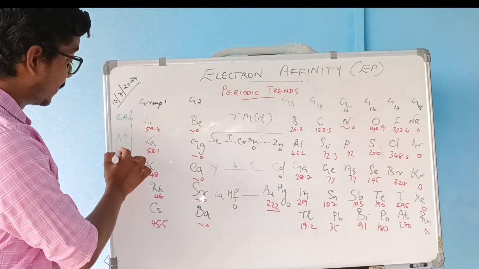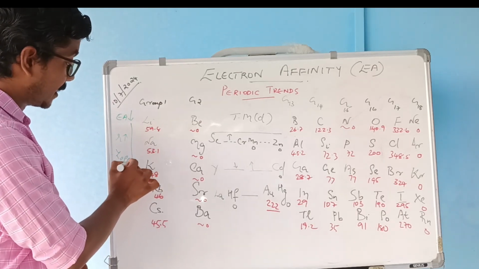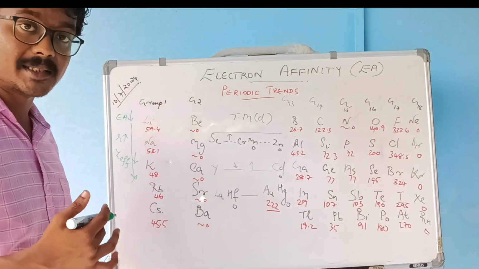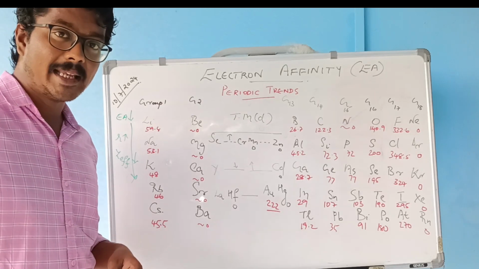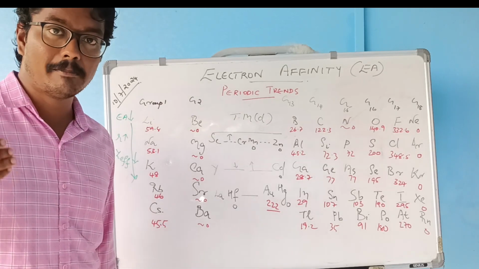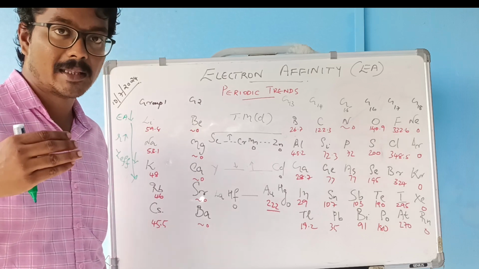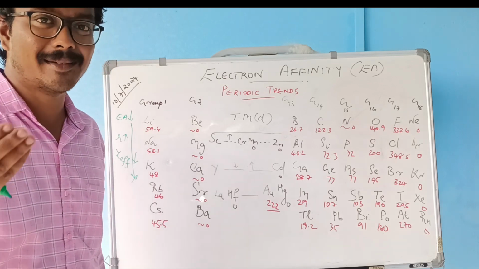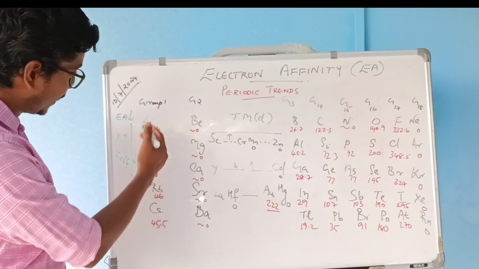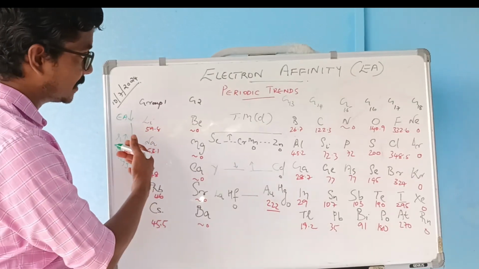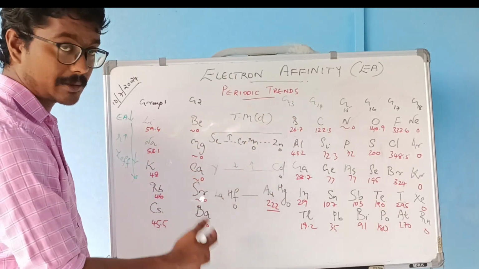As a result, the effective nuclear charge decreases, so the incoming electron does not feel much attraction from the nucleus. So the electron affinity also decreases. Down a group, electron affinity decreases, which is a general trend in almost all groups.